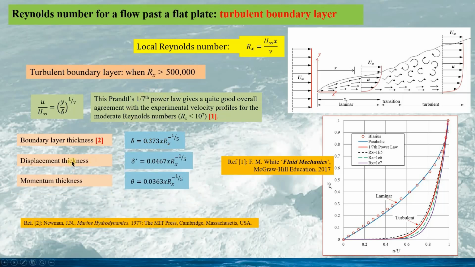And accordingly, we can calculate the displacement thickness, delta star, given by this, and the momentum thickness, theta, as this. And here we can also calculate the shear stress on the boundary, tau w, given by this expression. And from this expression, we can also calculate the friction velocity u tau, given by this definition.